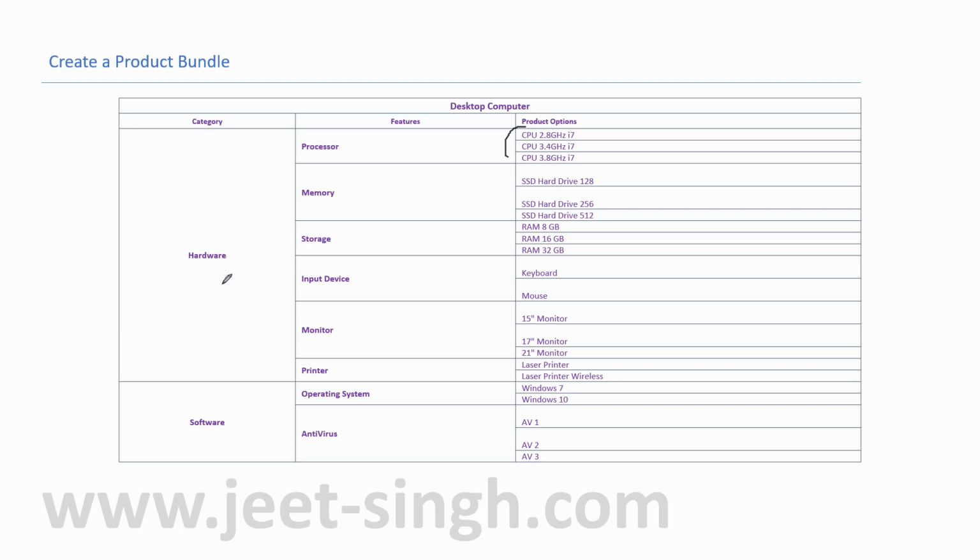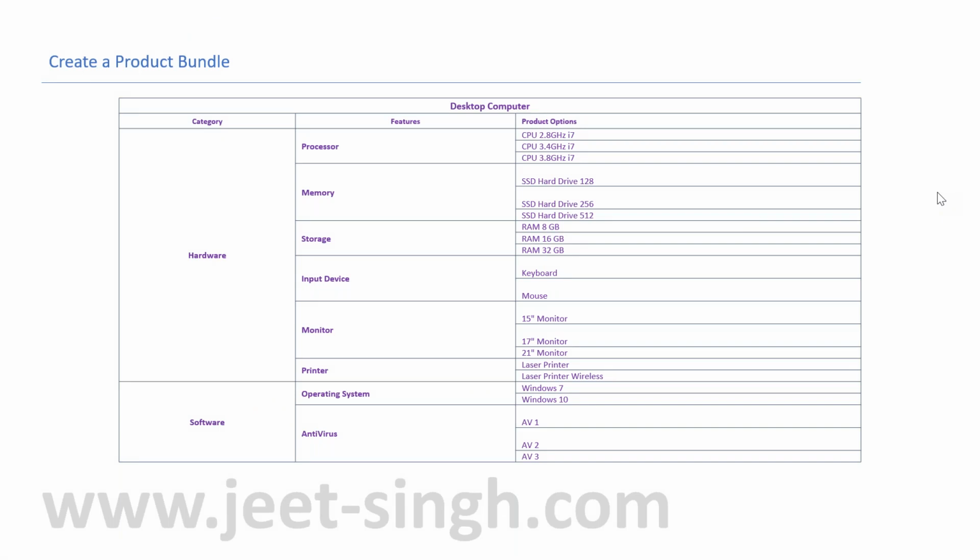Category is not actually a separate object, it's just a field that is there on the product feature object, and it basically allows you to create groups or types of features. Okay, so it's simply a pick list sort of thing. So now let's see, how do we add categories? We already have that hardware and software category, but in case I want to add a few more categories to it, how would I do it?